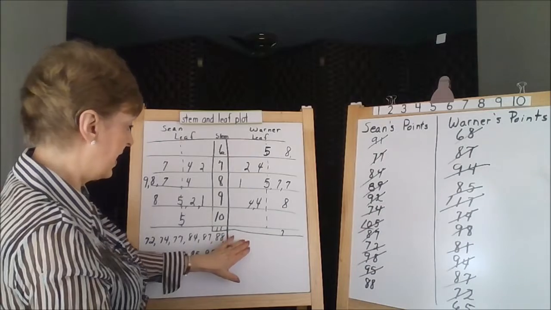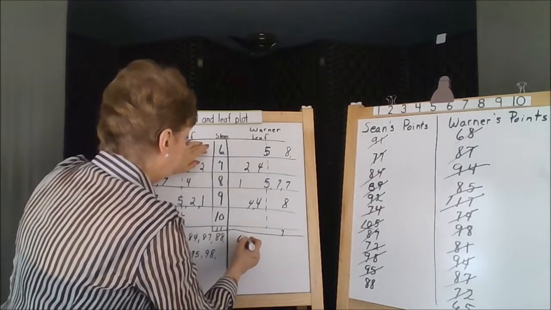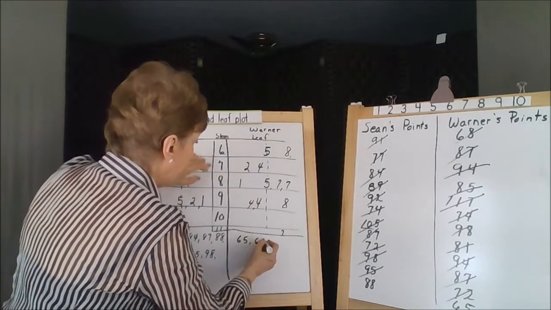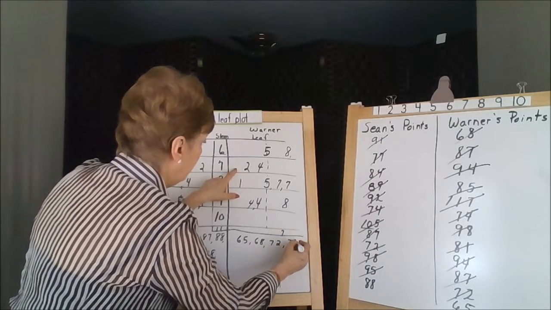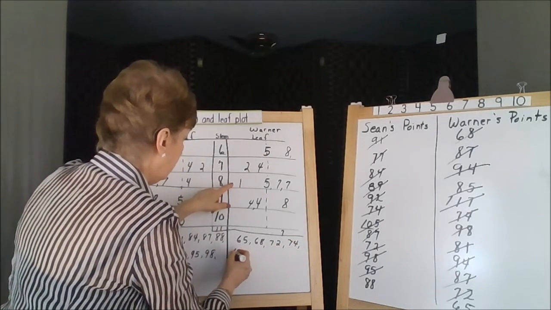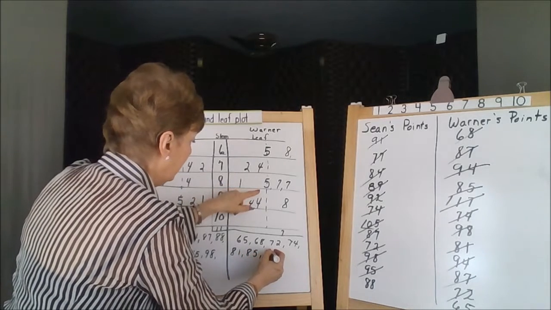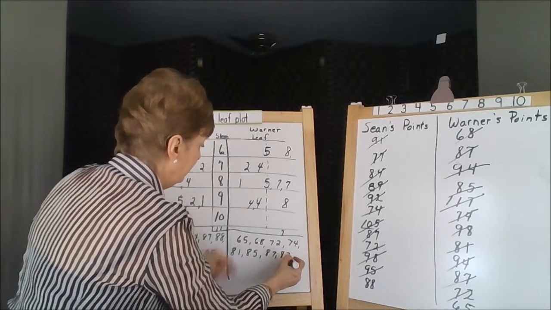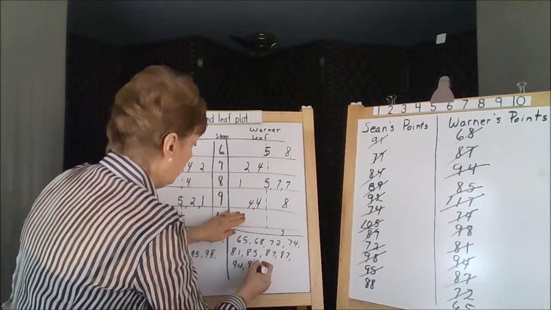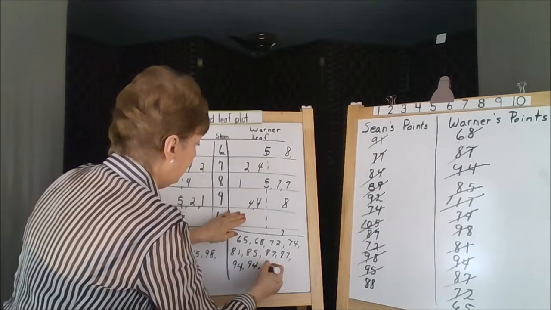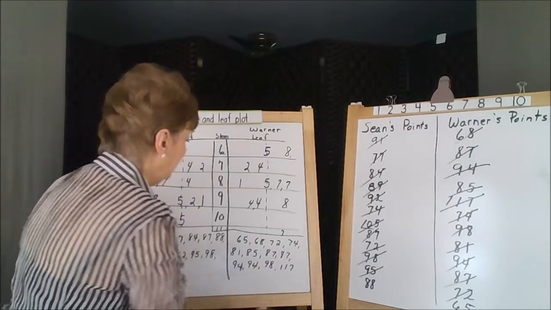So Warner's data in order would be 65, 68, 72, 74, 81, 85, 87, 87, 94, 94, 98, and 117.